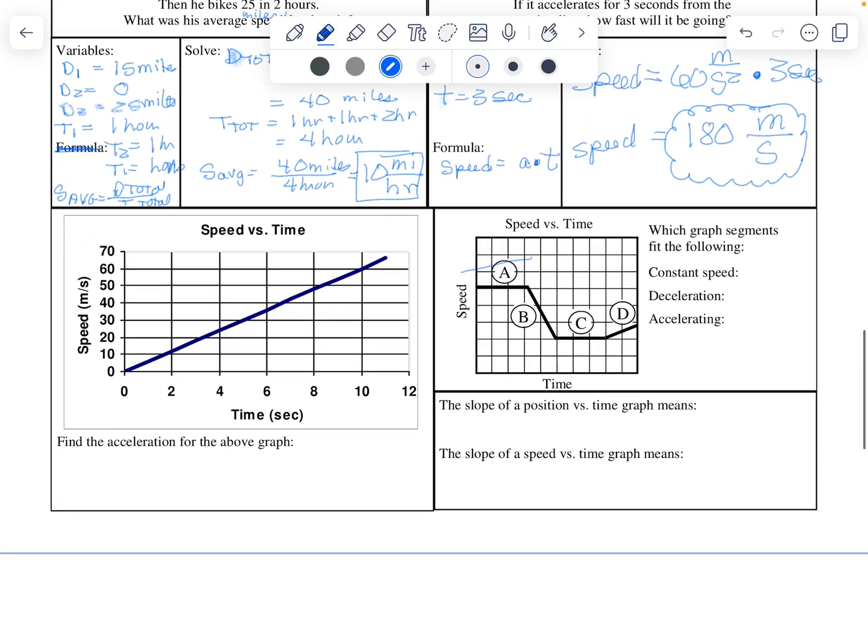Okay, last thing here. All the graphs we've done so far have been position over time. Please note that this is speed over time. So this is a speed versus time graph.